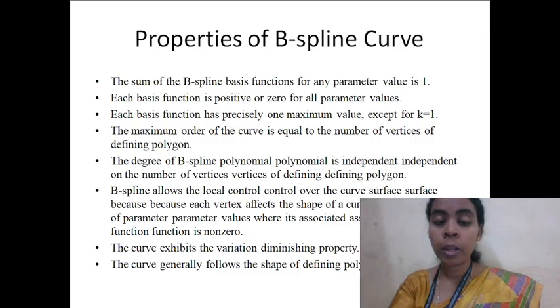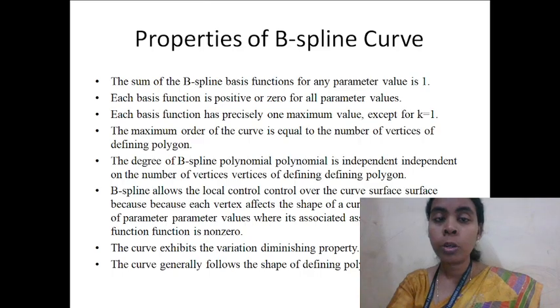That's why B-spline surfaces are widely used in 3D modeling, industrial design and animation. They give designers precise control while keeping the surface smooth. B-spline gives more local control than the Bezier curve.